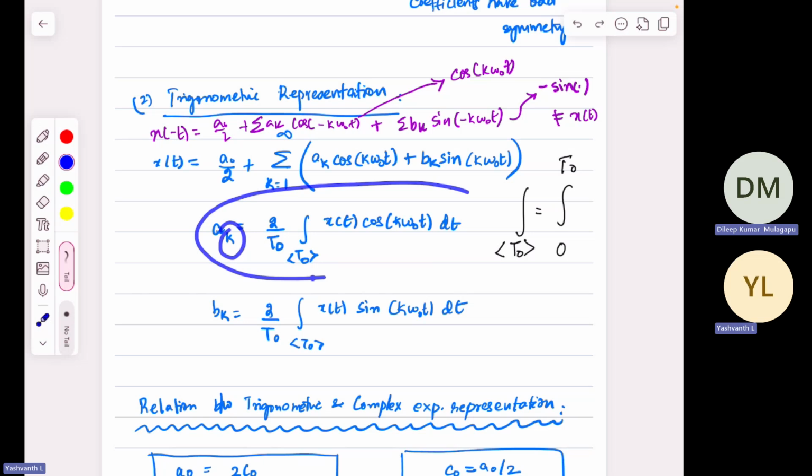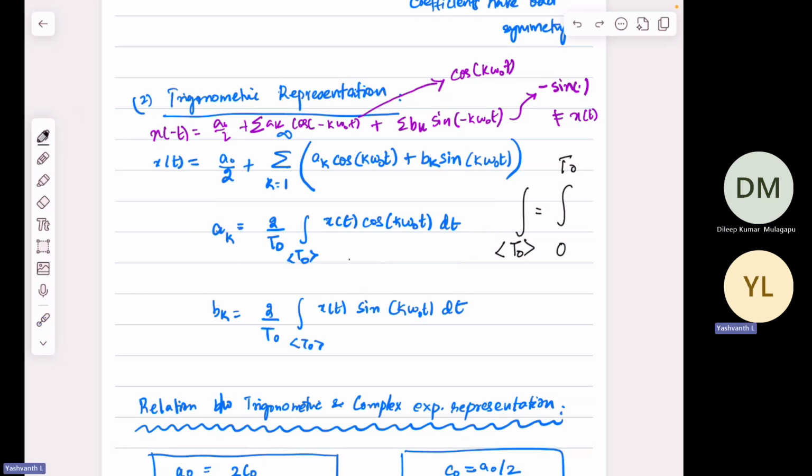Whatever is the integral, that is a naught. Yeah, we can write it, no problem. So a naught is equal to 2 by t naught integral x of t dt over one time period.